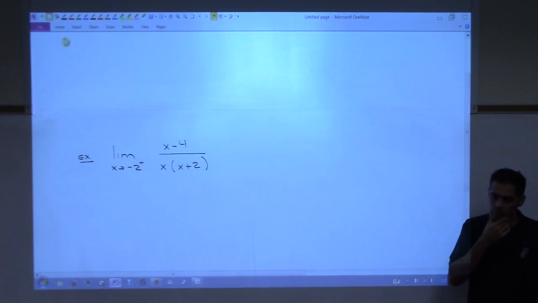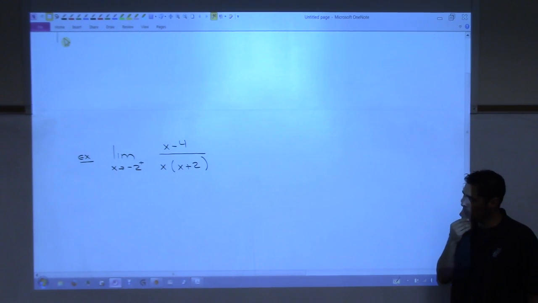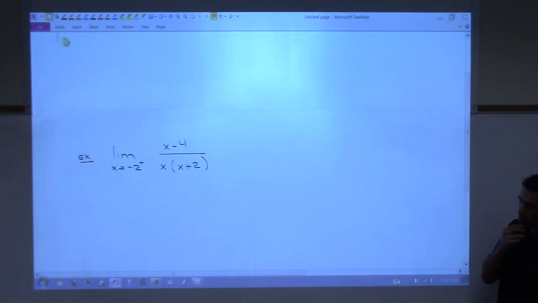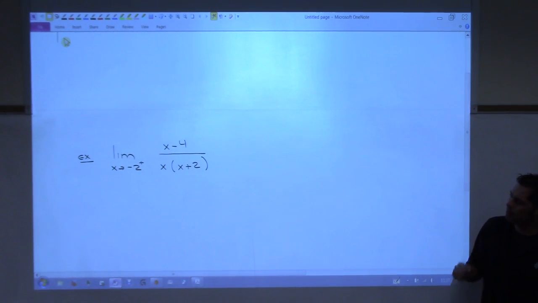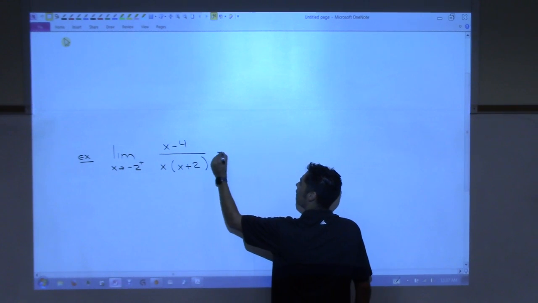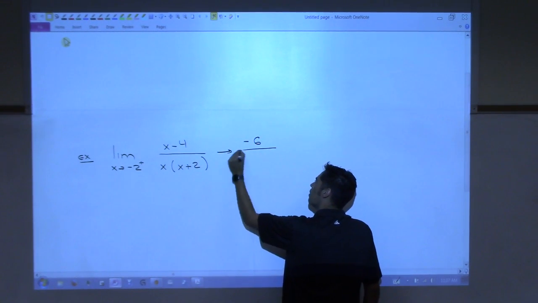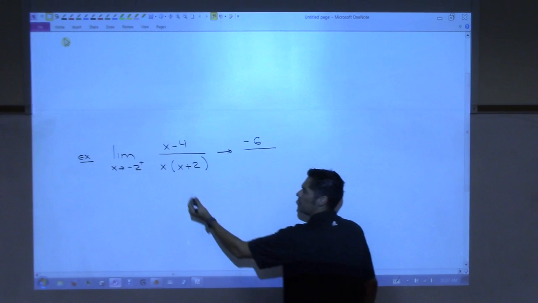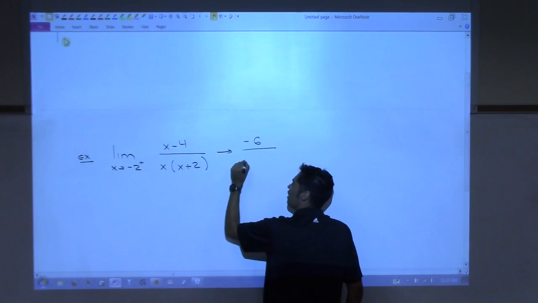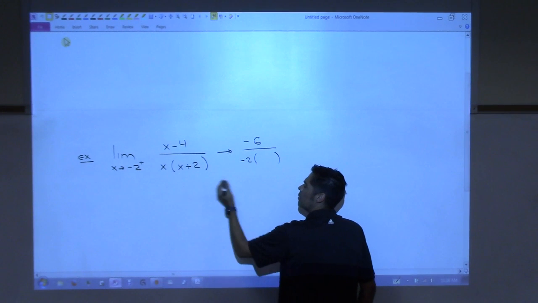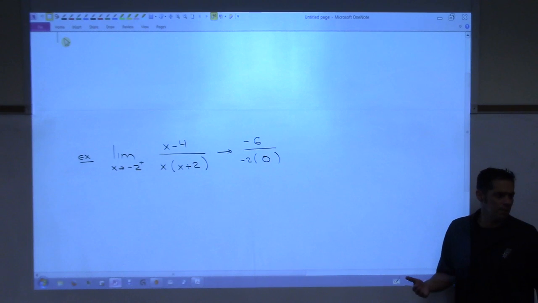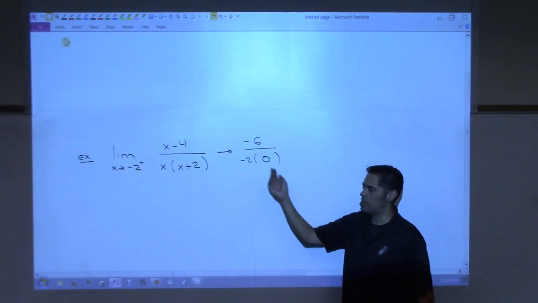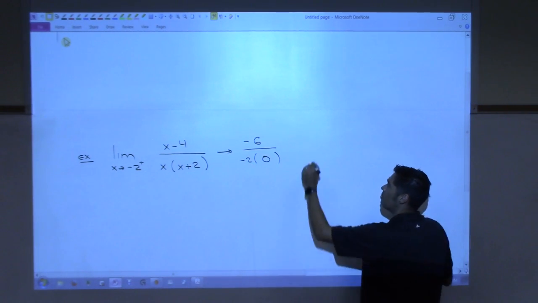They're still infinite limits, right? Where's the top going? Negative 6, over, see, this is negative 2, right? That's headed to negative 2 times 0. Agreed? Now that still is fixed over 0 because negative 2 times 0, that's still going to be 0.